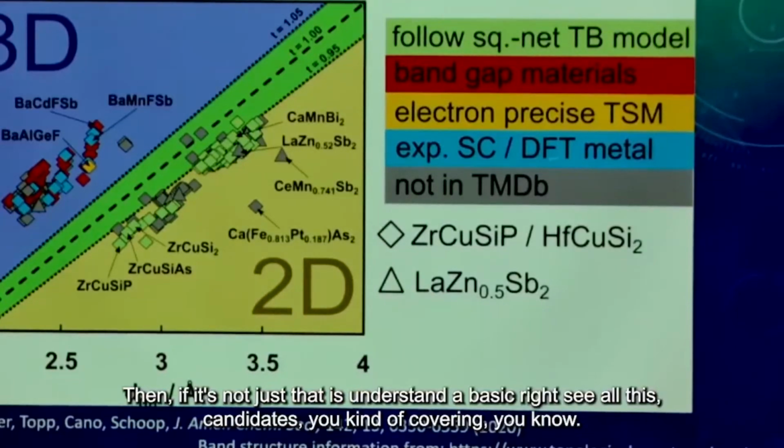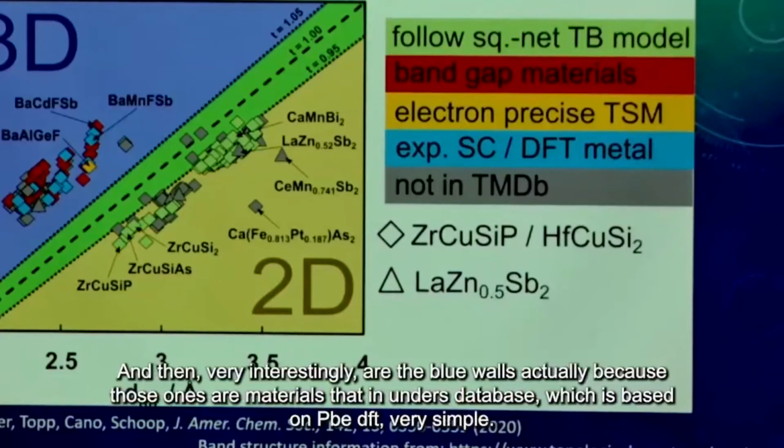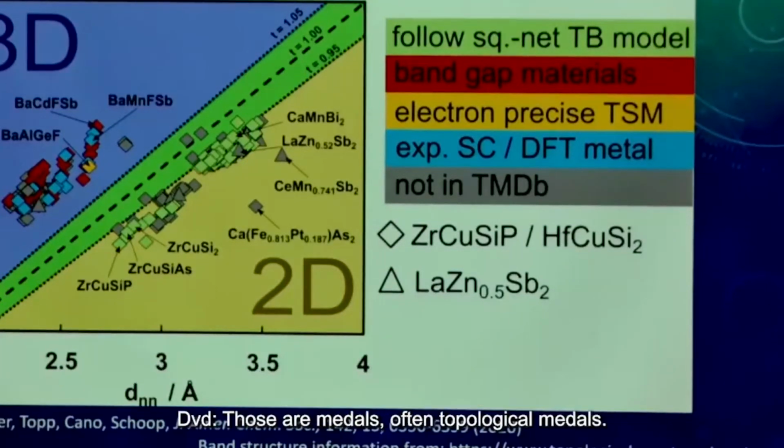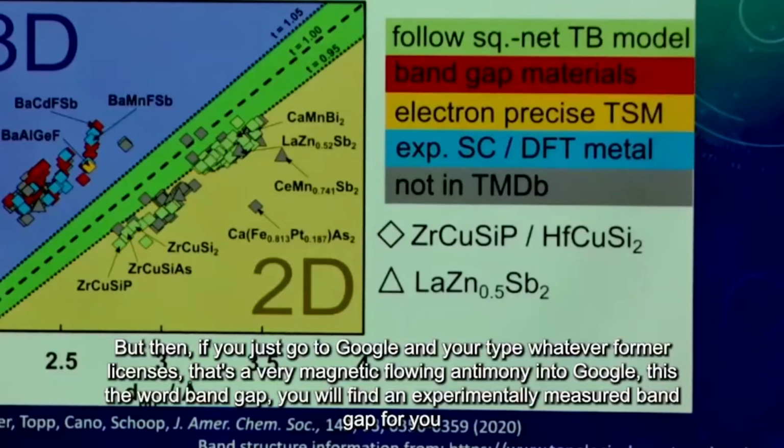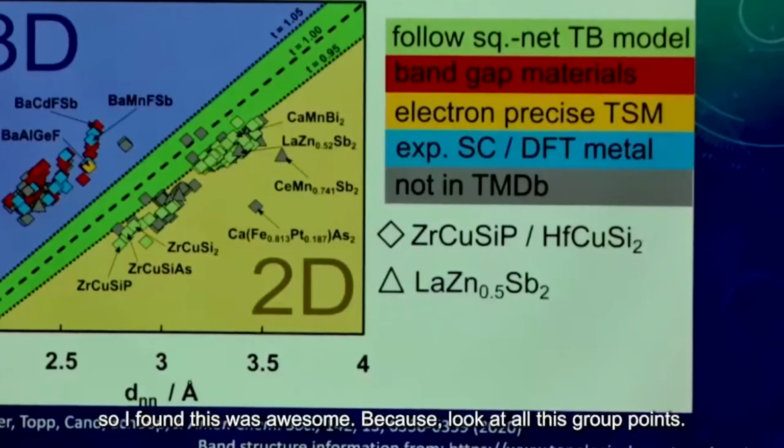And then very interestingly are these blue ones actually, because those ones are materials that in Andre's database, which is based on PBE DFT, very simple DFT, those are metals, often topological metals. But then if you just go to Google and you type whatever formula this is, let's say barium, manganese, fluorine, antimony into Google, with the word band gap, you will find an experimentally measured band gap for these compounds.